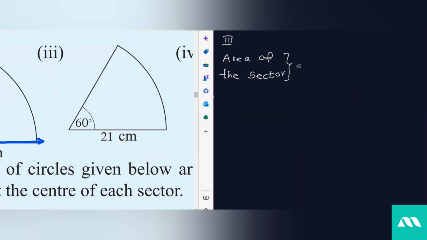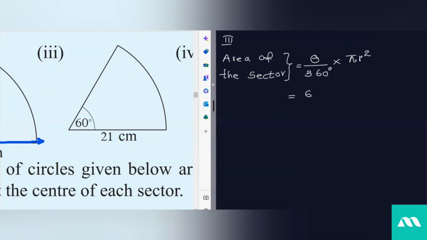It is equal to theta upon 360 multiplied by πr square. Then theta means angle at the center. It is 60 degrees. 360 times 22 upon 7 times r squared is 21 times 21.